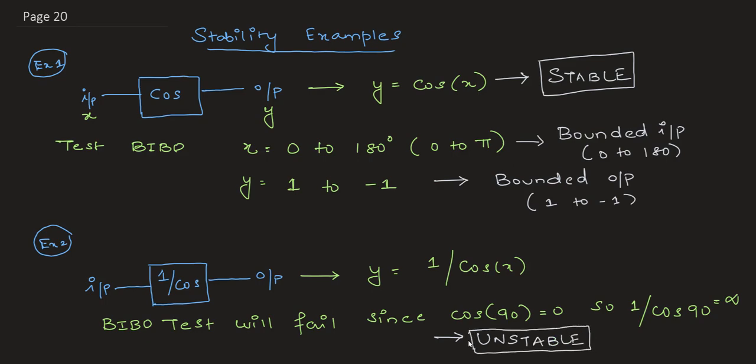So this system is unstable for that particular value of 90. But we cannot use this system for any values between 0 to 180 because that particular value is going to render the system unstable and it is not recommended for use.